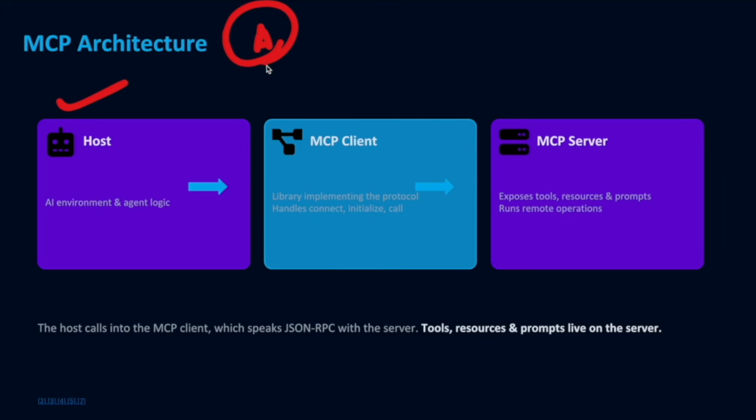Now the requirement is that this agent wants to use some tools. Now we need some kind of library to connect with the MCP server that should be inside the agent itself, and that library comes as part of very many SDKs in Python, Java, whatever. So it is generic, so you don't have to worry about that.